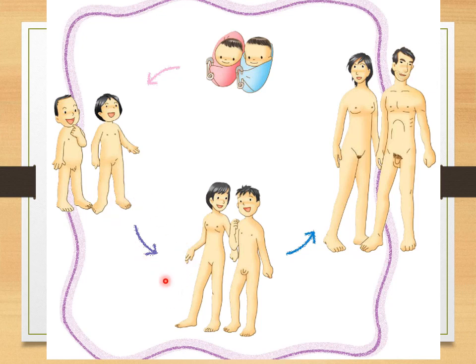So this is the puberty period, okay? And from puberty to adulthood, this is the process after puberty, and most physiological changes will stop. And because of all these changes, male and female look different.